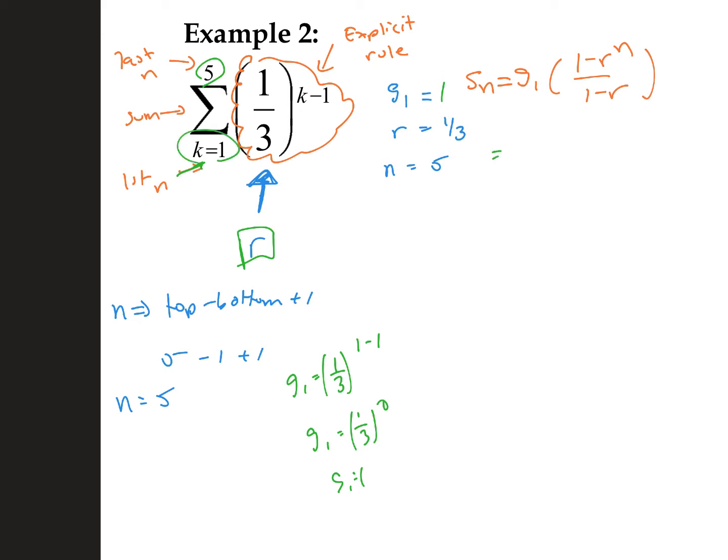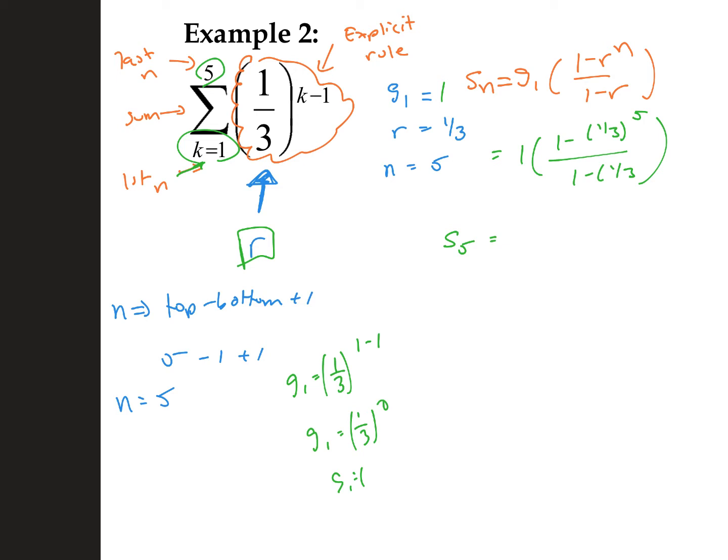So now I can solve this. So g sub 1, my r, where did I write it? 1 times 1 minus 1/3 raised to the 5th power over 1 minus 1/3. So S sub 5 is equal to 1 minus, parentheses, 1/3 raised to the 5th power.